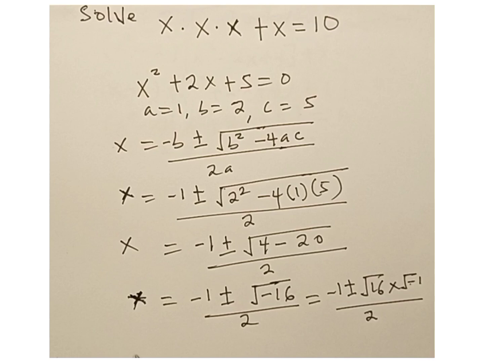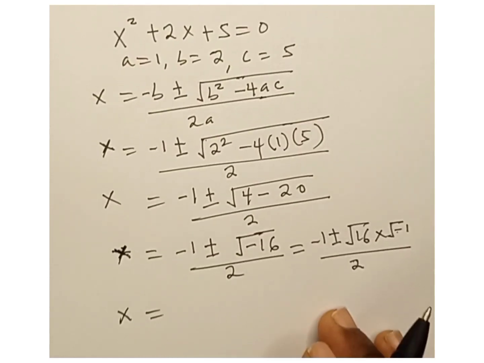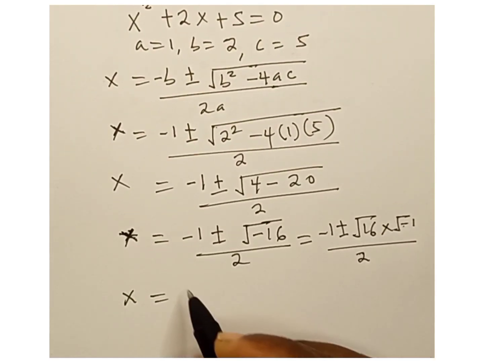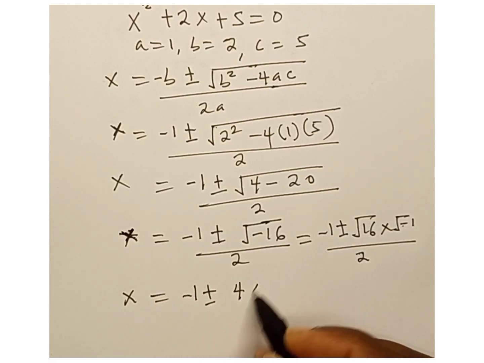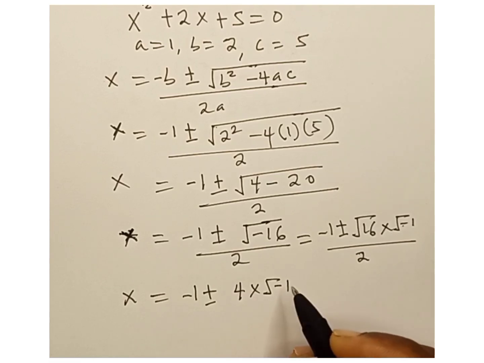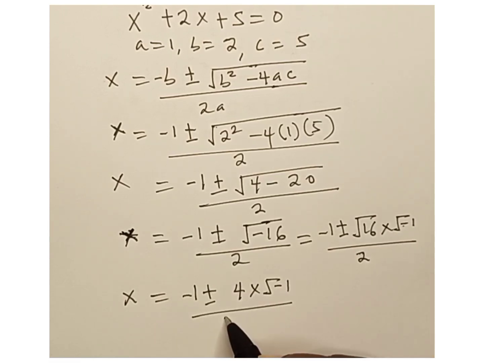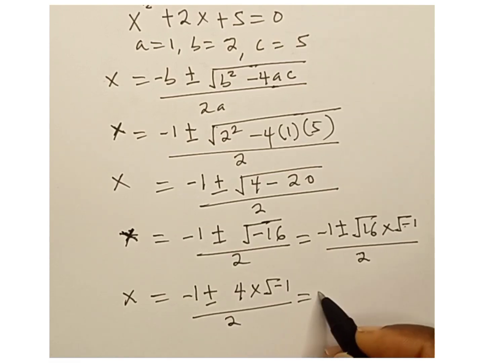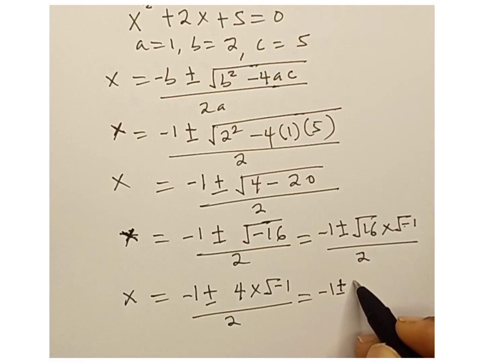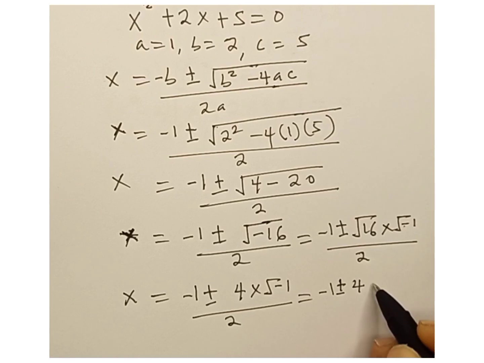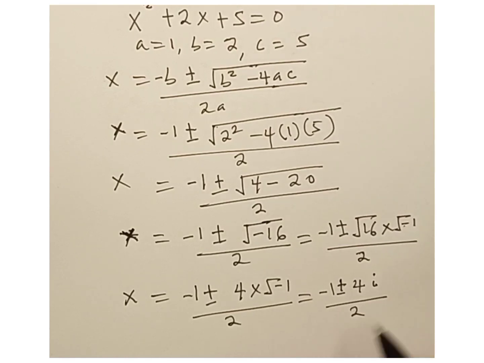So we can write x equals to minus 1 plus or minus 4 times square root of minus 1 divided by 2, which is 4i over 2.